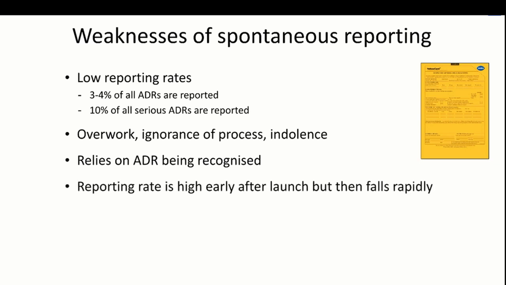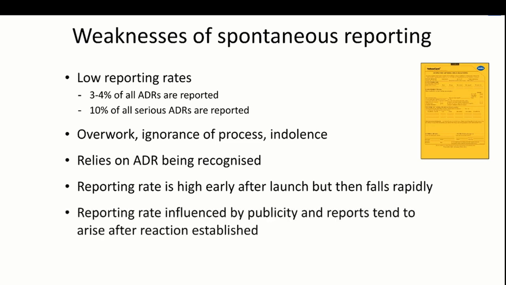Reporting rate is high early after launch of a new drug, but vigilance and reporting then falls off rapidly. Unfortunately, reporting rate is heavily influenced by publicity, and reports tend to arise after a drug reaction is established, which, although valuable, are not as important as helping to detect signals of previously unknown reactions.